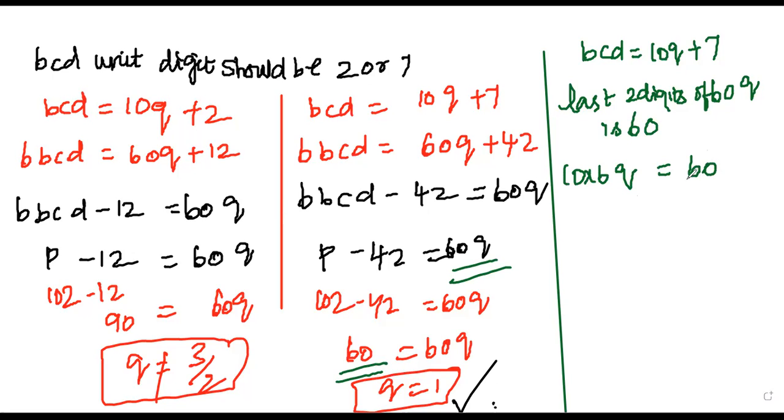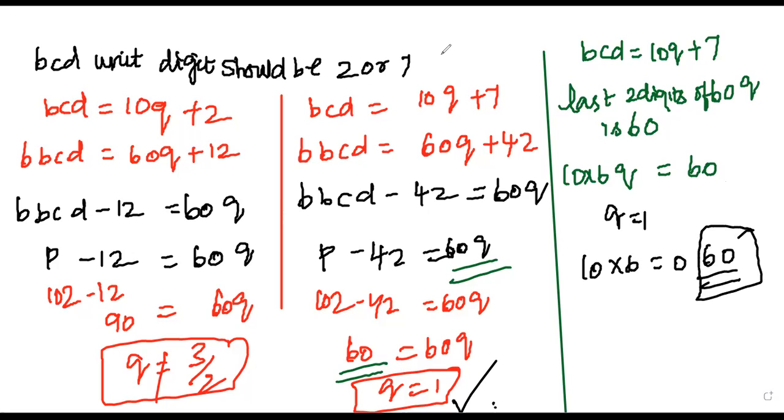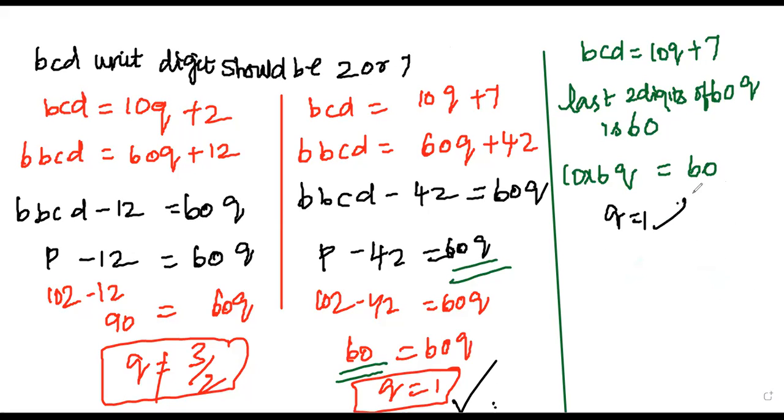So now the last two digits are 60. When you get 60 as the last two digits, that is how you should check. Okay. So if you substitute Q as 1, you will have 10 into 6, you will get 60. Like 060. You can say the last two digits are 60.